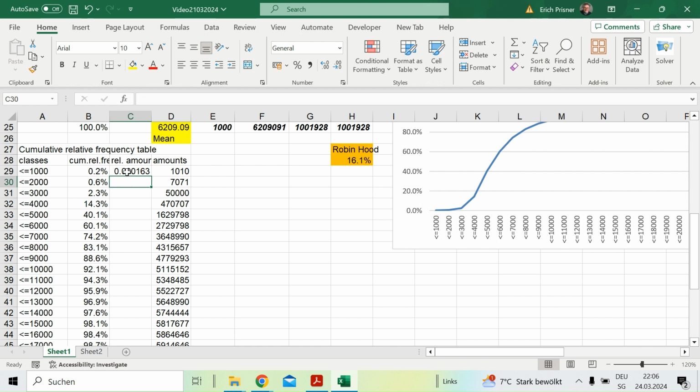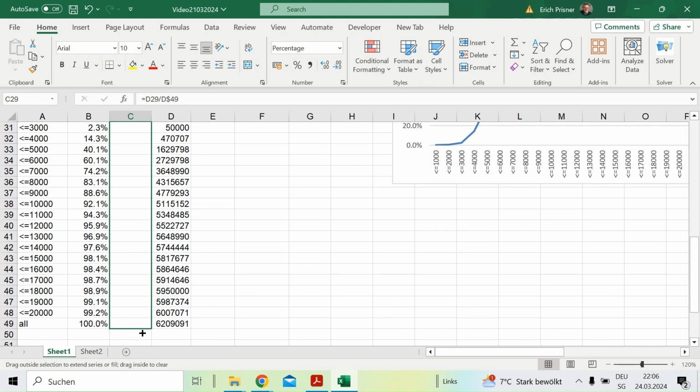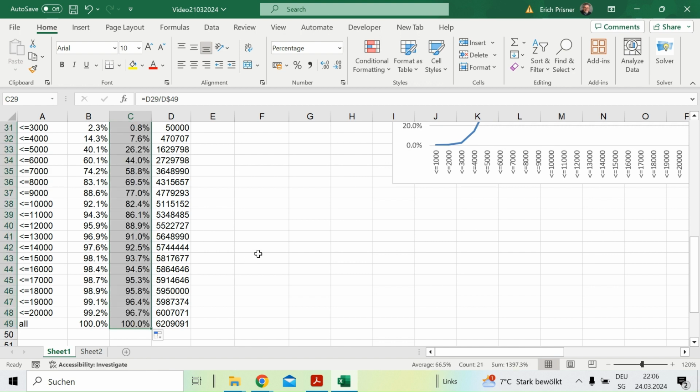And this one, maybe we want to format into percentages first, and then show 1 digit. It's not exactly 0.0, it's 0.0 and a little, but I want to show only 1 decimal. So let's say it's almost nothing. I drag it down and let's see. And here we go.